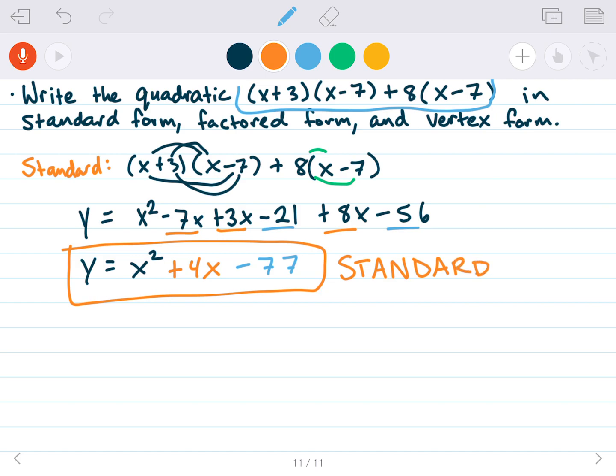Okay, so now let's do the factored form. So for factored form, we look at standard and we say, well, we want two numbers to multiply to negative 77 but add to positive 4.